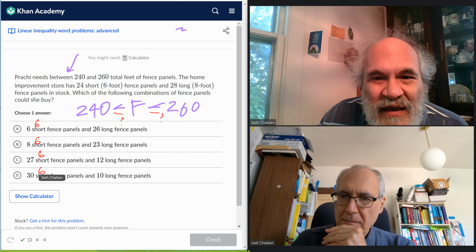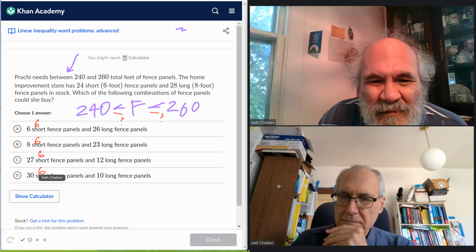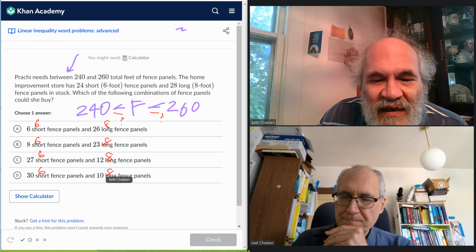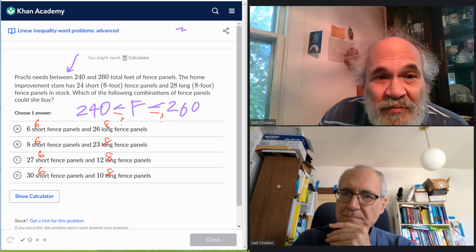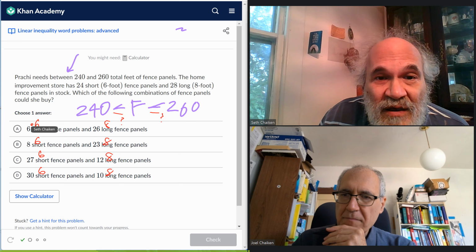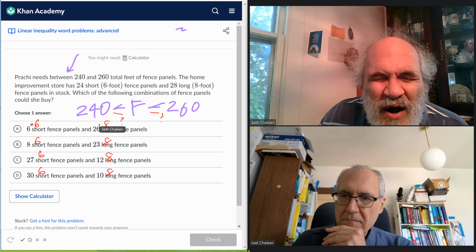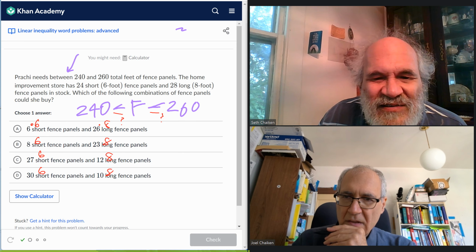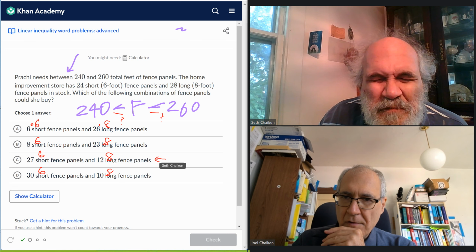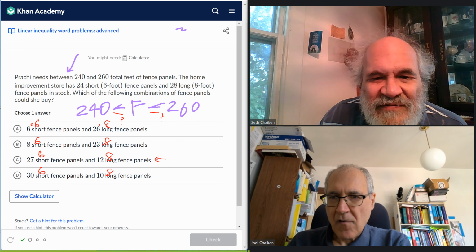And on top of each long panel is 8 feet, so I write 8. And then the total length of fence panels is obtained by multiplying. So my computer mind says check one of the conditions in the middle.